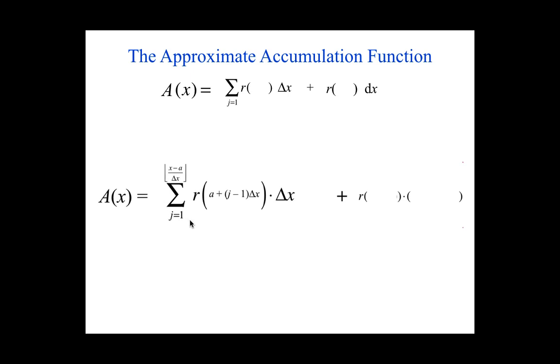And then in my current interval, the interval that x is currently in, I can call my rate R of left of x or R sub f of left of x, the rate at the beginning of the current interval, times how far we are into that interval. And so this can take on a variety of values as x increases.